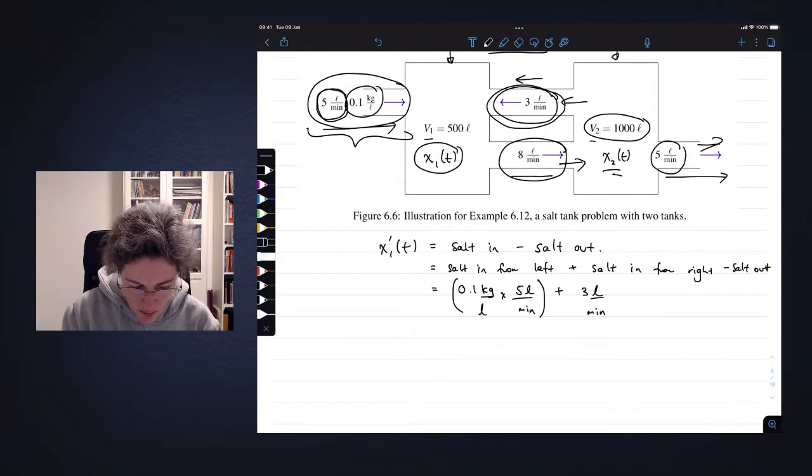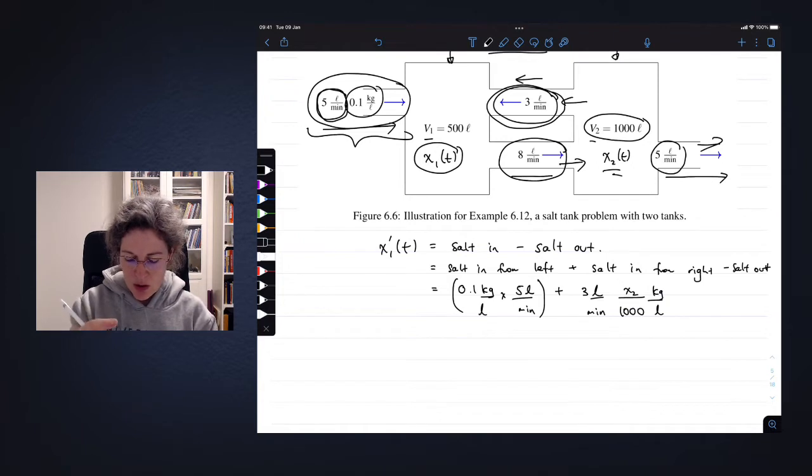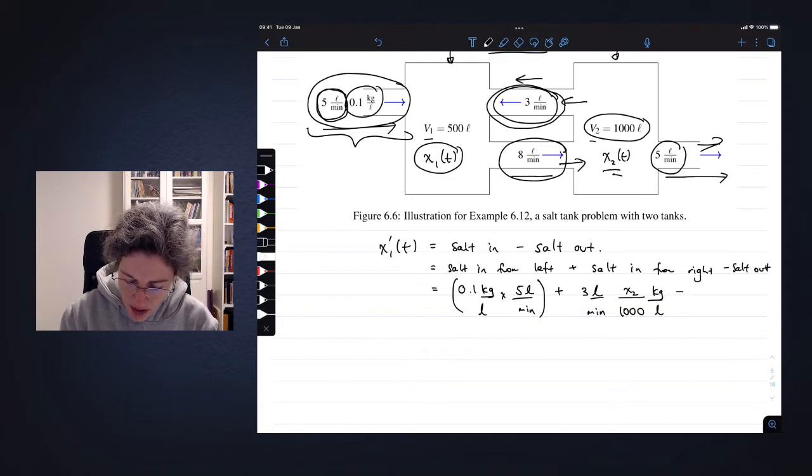So that's x2 over 1000 kilograms per liter. That's the salt coming in from tank 2, and then finally we need the salt that's leaving. Well, that's leaving at a rate of 5 liters per minute, and oh wait, no, I'm wrong here.